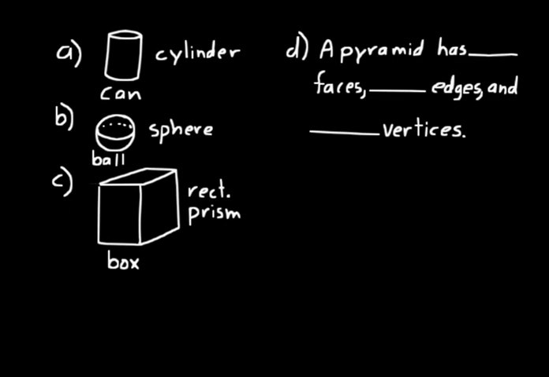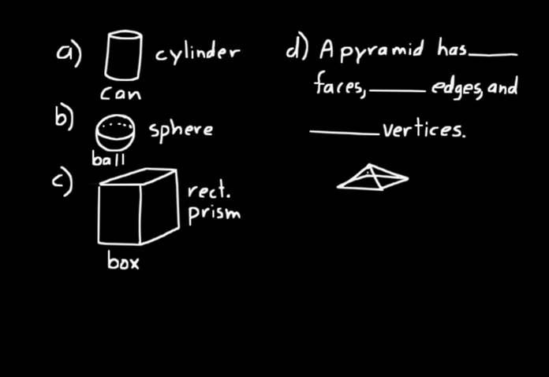Practice problem D, I want you to tell me how many faces, edges, and vertices a pyramid has. So you ought to just pause the CD and try to figure these ones out. What I would do if I were you is draw a pyramid. And just think about all of the faces that it would have.